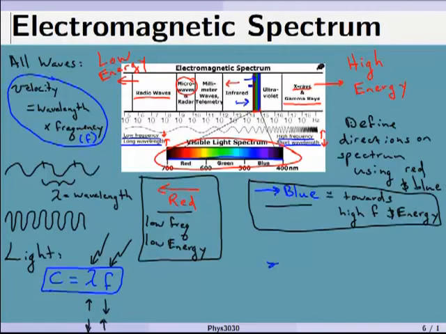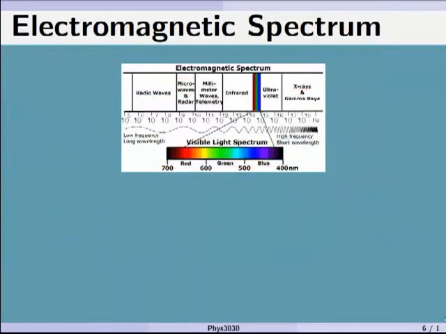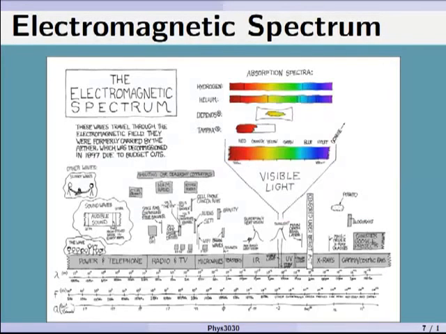Okay, and there's lots of different representations of the spectrum out there that you can look at, trying to understand what falls into what. I recommend taking a look at a couple of them. One that I really like is on one of my favorite comics, which is XKCD. There's some pretty funny stuff in here, right? This tells you where all kinds of things are, like slinky waves and the wave that happens at a stadium.